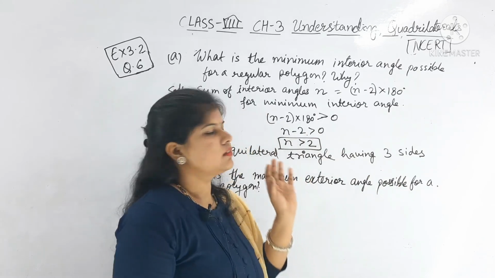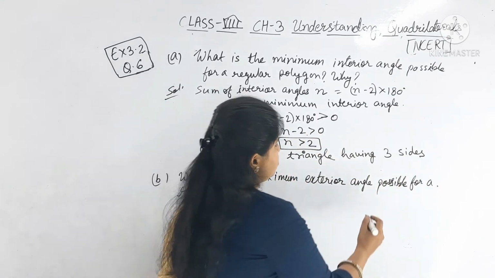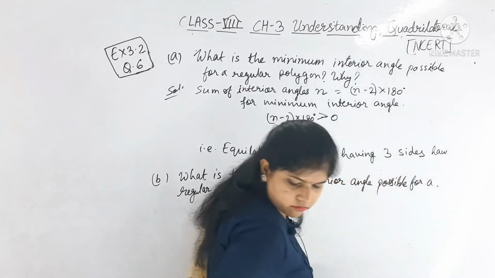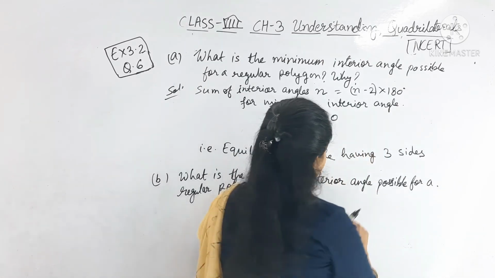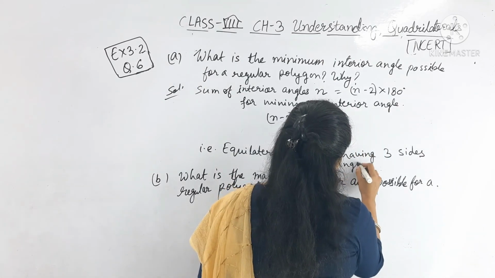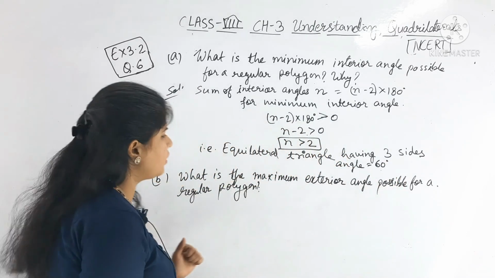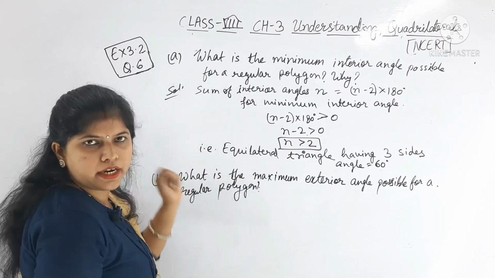Okay, its sides are equal, and angles will also be equal. So number of sides is 3 and angle is equal to 60 degrees, 60 degrees each, as we know for an equilateral triangle. Now this is the answer for part A.